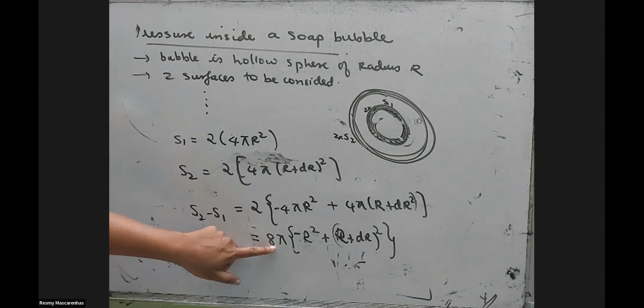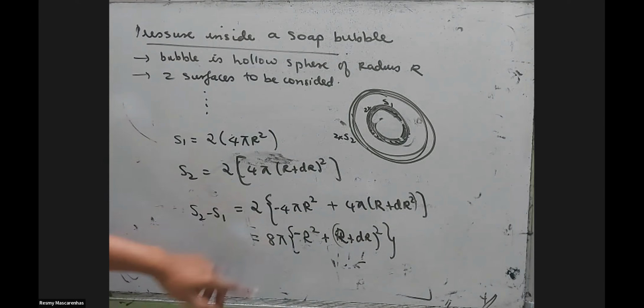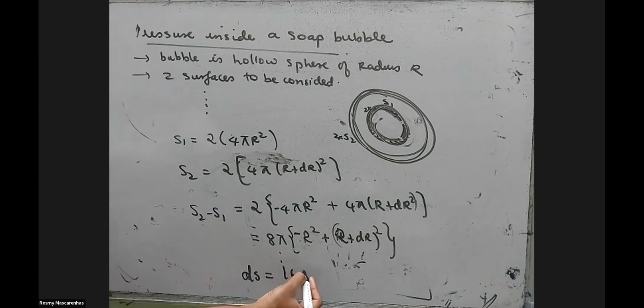Same exactly like the previous one, only it will be double now. So wherever you got 4, you would get 8. Wherever you get 8, you would get 16. So finally, the same thing you carry on. Your only different thing would be ds. The rest everything will remain the same. So ds you will get as 16 pi r dr. So this will be equation 1.